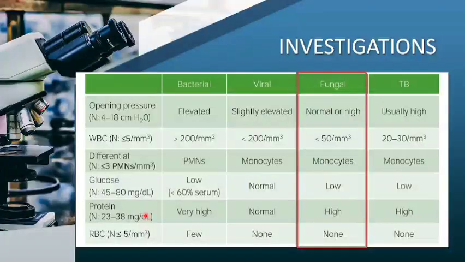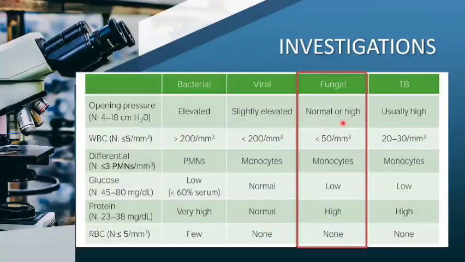So this is a typical presentation, right? This table is just showing you the biochemistry of lumbar puncture in case of viral infection, bacterial, fungal, and TB. And if you look here, the opening pressure will be normal or high, right? High in most cases. You can see the normal opening pressure is 4 to 18 centimeters of water.